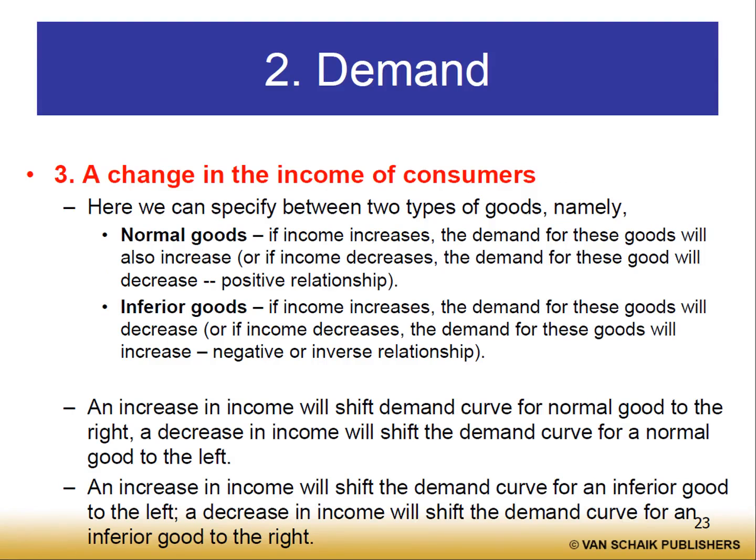Another determinant of demand is income, consumer income more specifically, and how this influences demand will depend on the type of good in question. If we are considering a normal good, then a rise in income would likely increase demand for that good.